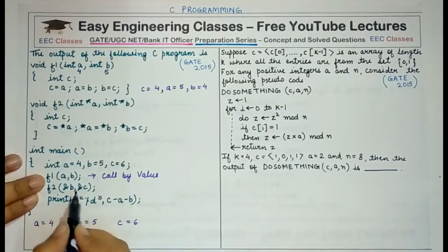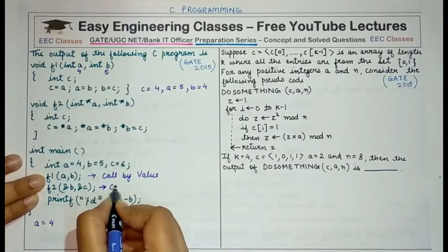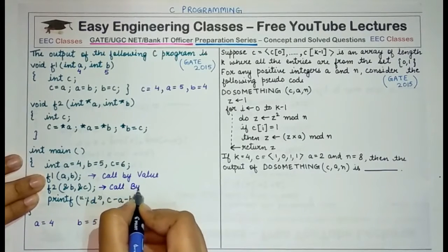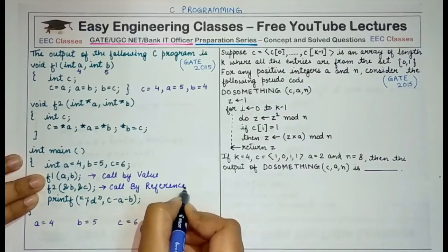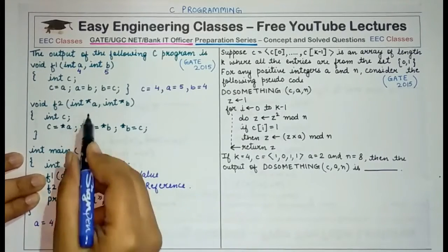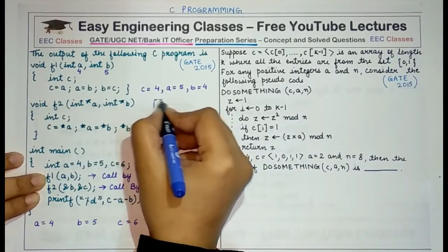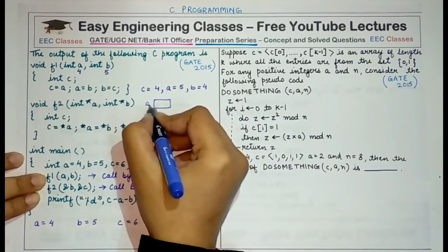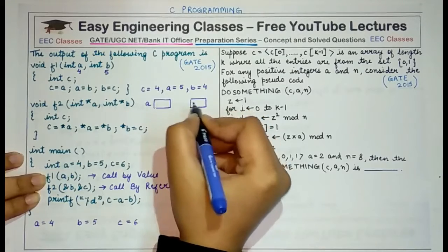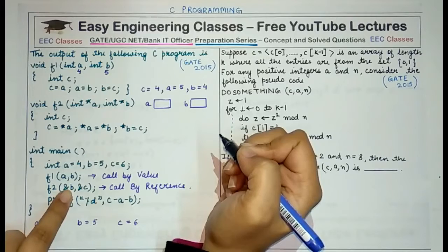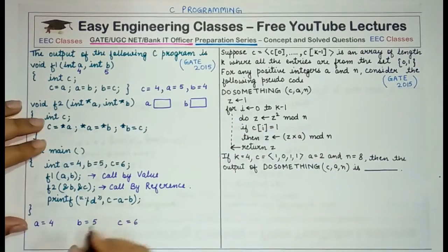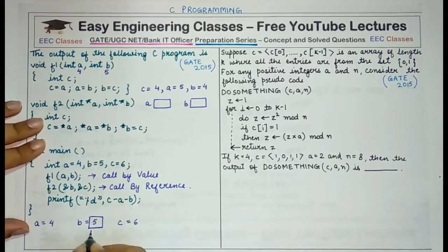Now this second call is call by reference. The addresses of the variables b and c are passed. Therefore, in f2, suppose the initial address of b was 1000 and the address of c was 2000.